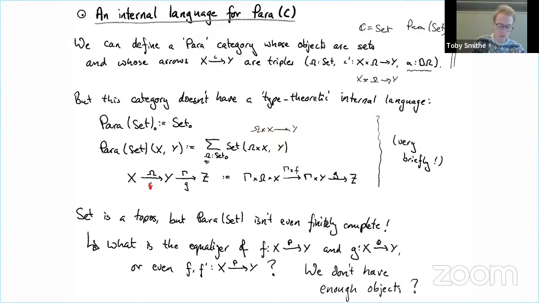Given some F with the parameter omega from X to Y and some G with a different parameter gamma from Y to Z, we want to form their composite. It will have the parameter omega times gamma, which of course is isomorphic to gamma times omega. How does this work?